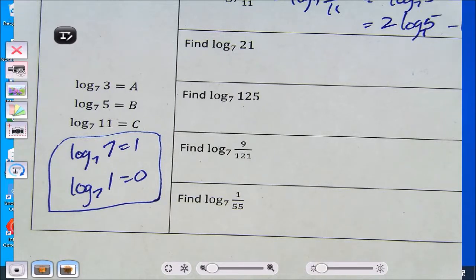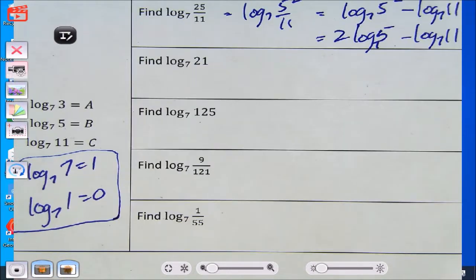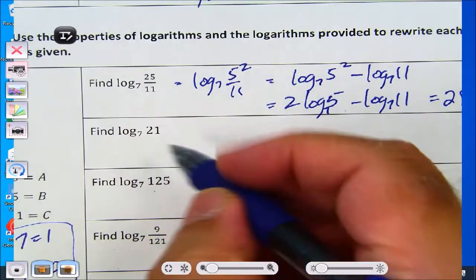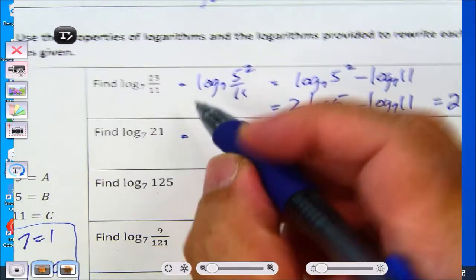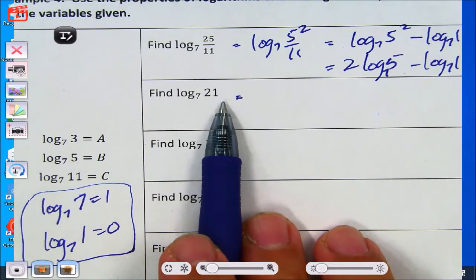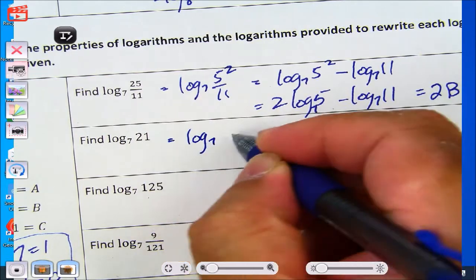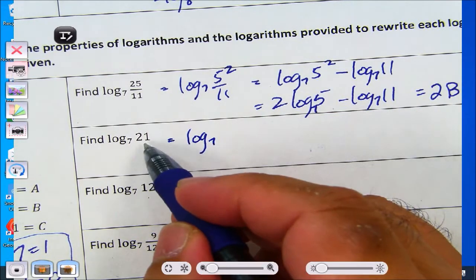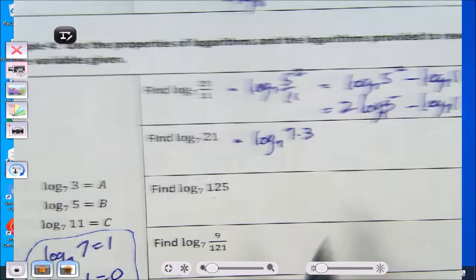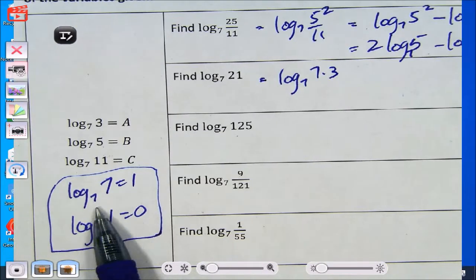Alright, ready? Okay, we have 4 examples left. So here, log base 7 of 21. Okay, so, what were you going to say? 7 and 3. 7 and 3, right? So log base 7 of 21 is 7 times 3. You can use 7 because that's the base.